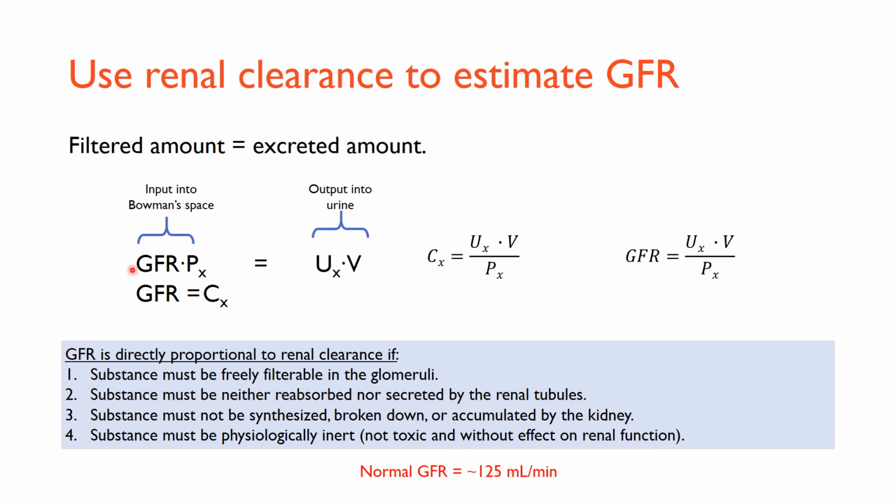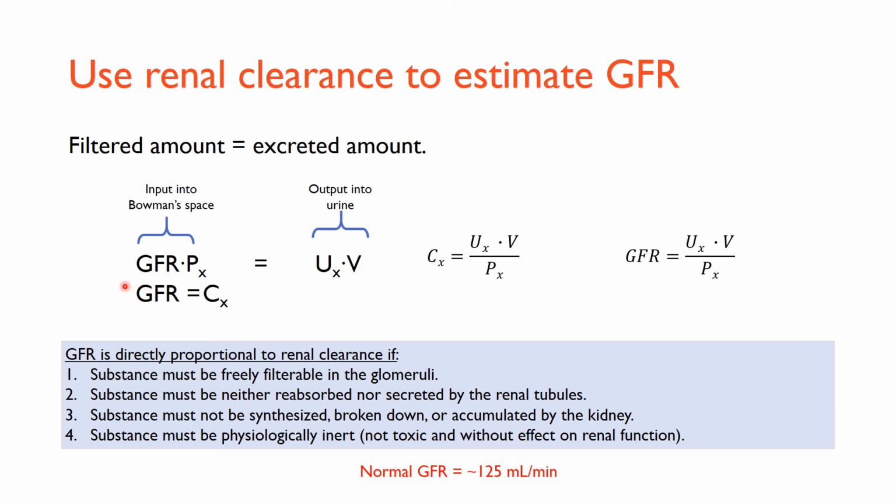So what goes into Bowman's space? That's the glomerular filtration rate times the plasma concentration of that something. What gets output into urine? Well, that's the urine excretion rate, so the urine concentration times the urine flow rate.